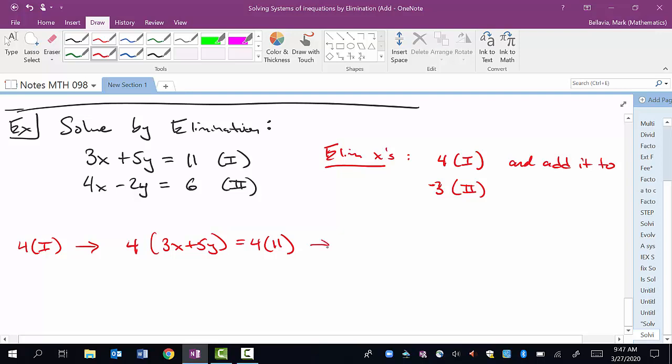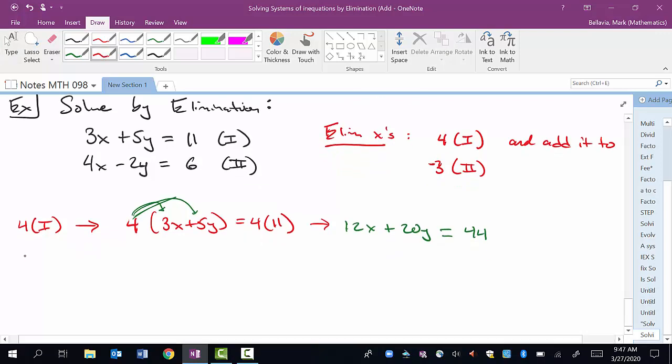So distributing through this, I end up with 4 times 3x gives me 12x. 4 times 5y gives me plus 20y, and we don't need to actually show it as distributing because we already wrote 4 times 11 on the other side, so this equals 44.